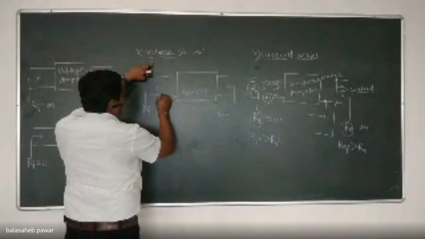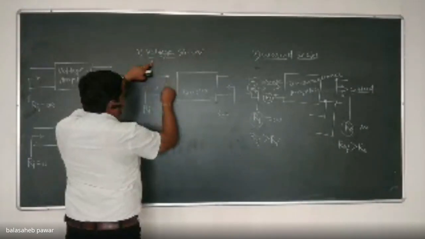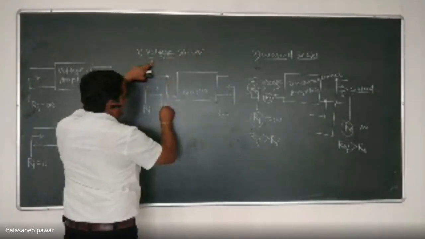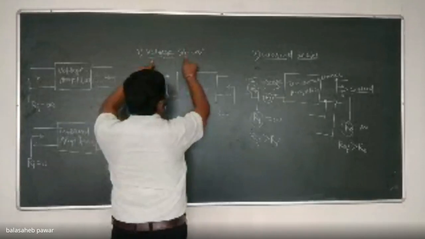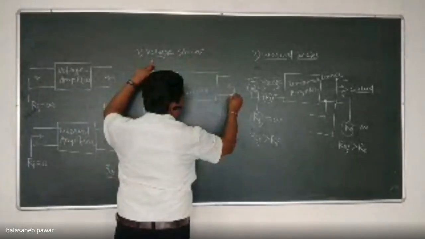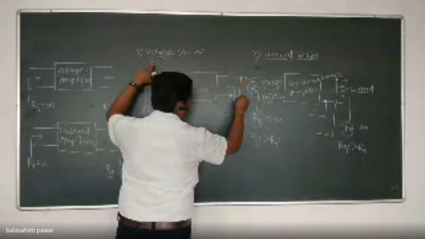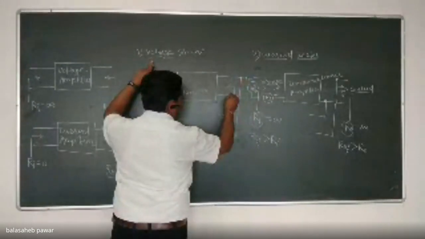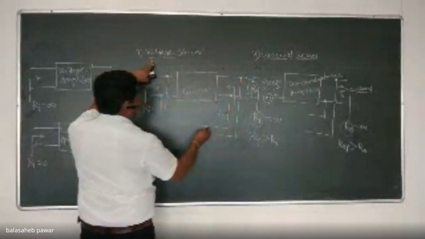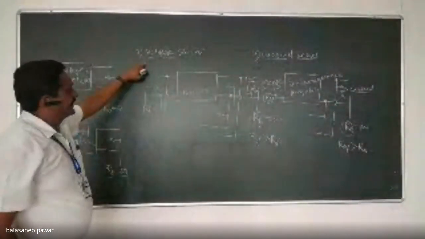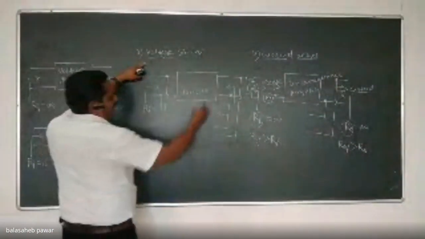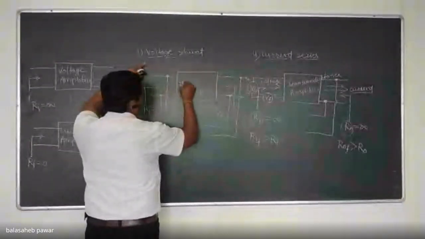That means the mixing will be like this, in parallel. And the sample taken is voltage, so again it will be possible only by connecting the feedback network in parallel with it, like this. So this will be our feedback network for voltage shunt type of sampling. Output voltage, input current, that means it is a transresistance.